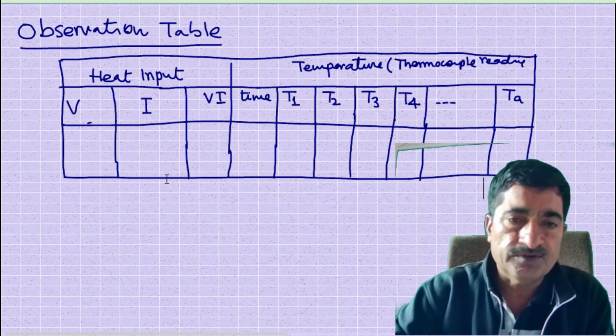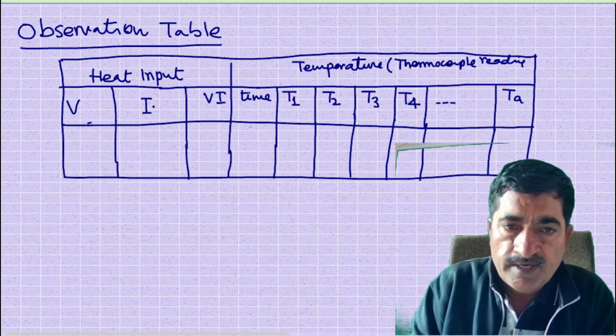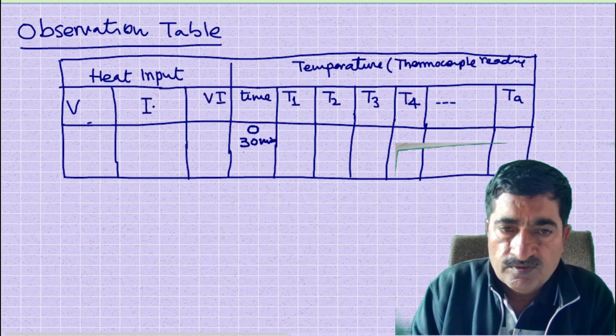Now calculation. At time 0, after 30 minutes, what is the reading? 45 minutes, 60, 1.5.